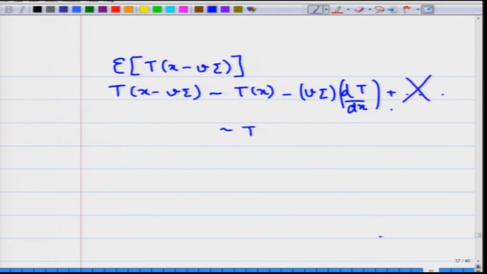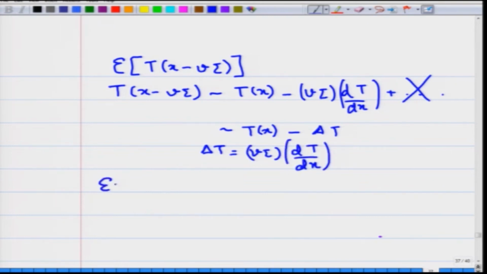So, I am going to neglect all the higher order terms and only consider the first order correction. So, the temperature minus delta T, where delta T is V times tau dT by dx.